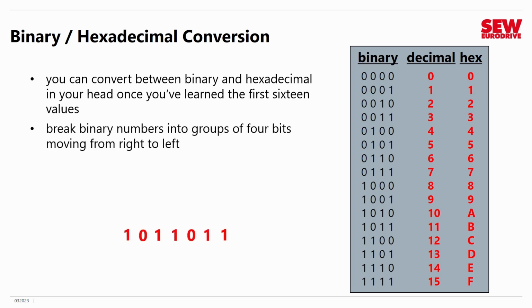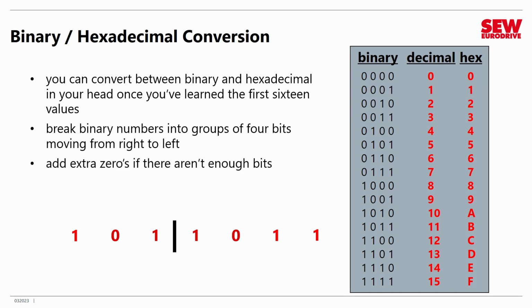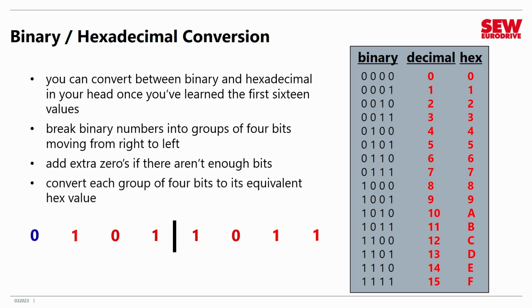Here's how. Take the binary number that you want to convert to hexadecimal and group it into 4 bits, moving from right to left. So we have a number here, it's got 7 bits in it. Break it into groups of 4, just like this. Now, you notice that second group only has 3 bits in there. So if there aren't enough bits to give you 4, just add an extra 0, like that. And now, look at your table and convert those patterns of 4 bits to the equivalent hexadecimal value.